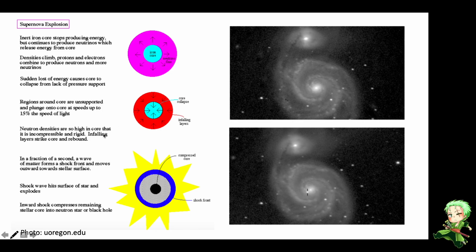So this is one way of looking at it: if you think of the supernova event as the death of the star, it actually becomes a seed for another generation of heavier elements.